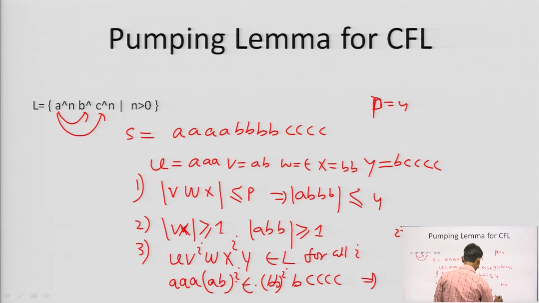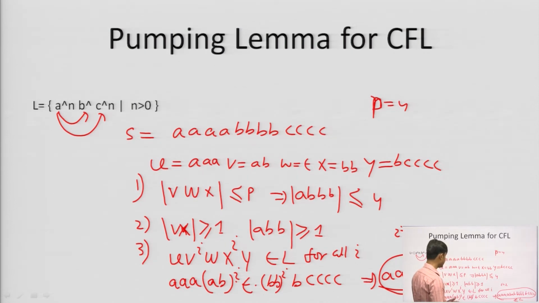I is 2, you see here this will be a, and a b, and here b b b, since i is 2, it will be repeated 2 times, b b b, and then b c c c. So this string does not belong to L, this string does not belong to L.